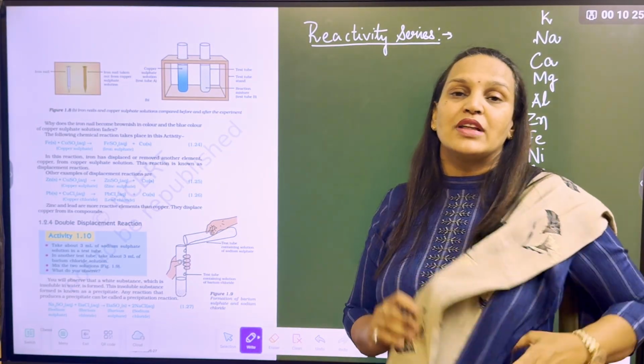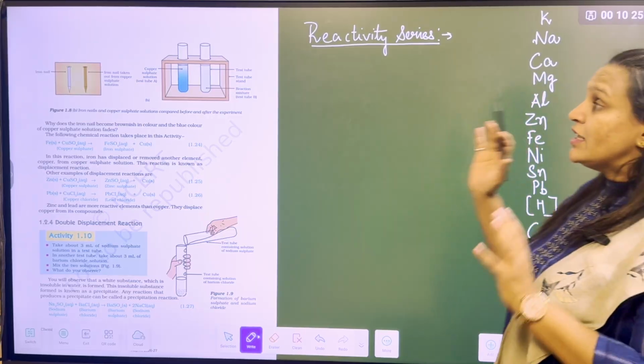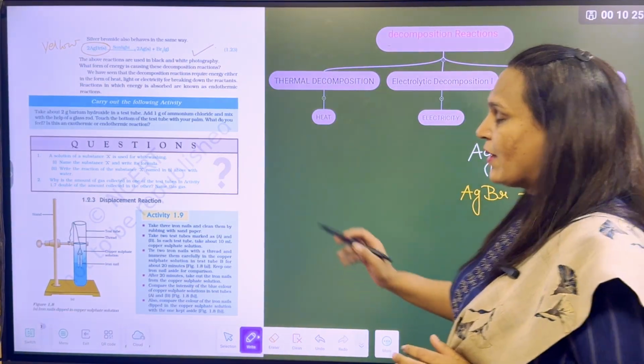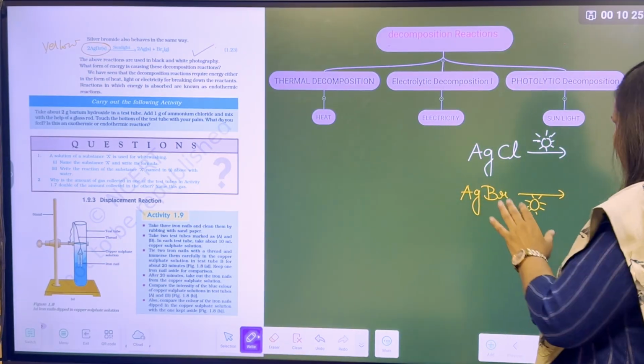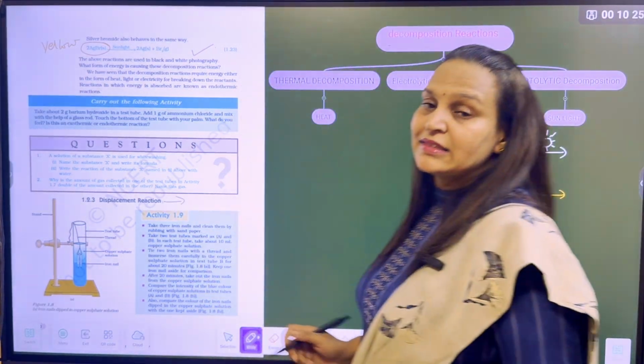As we all know about the displacement reaction, we have already learned in our lower classes. Displacement reactions are entirely based on, if you remember, the reactivity series, right? First of all, does anybody know what a displacement reaction is, guys?